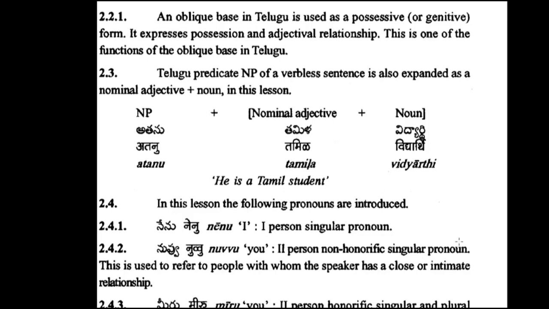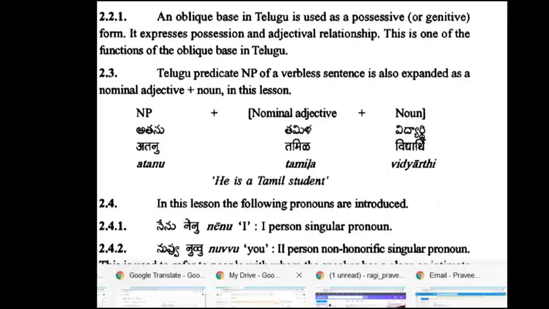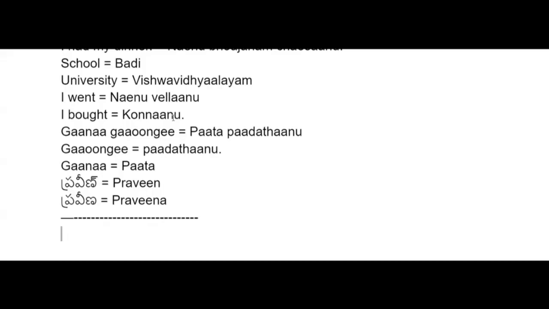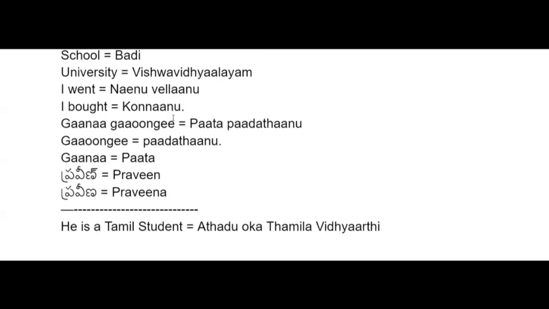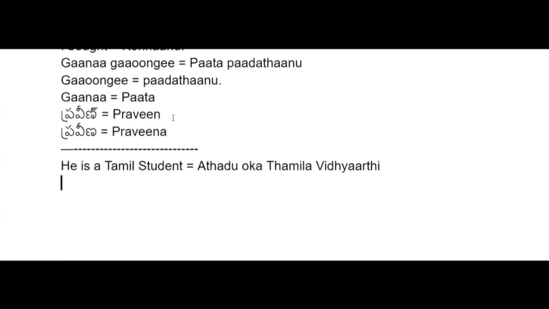Let's try. Okay, I will type here, then you will understand clearly. See here, he is a Tamil student. Okay, so here Atadu Oka is optional. Tamila Vidyarthi. Okay, if we see the meanings individually, he means Atadu, you know already.